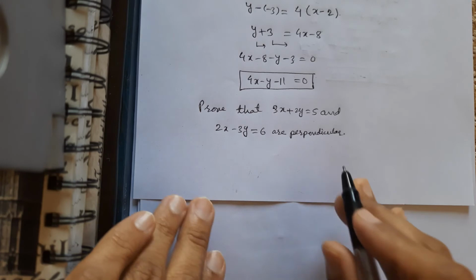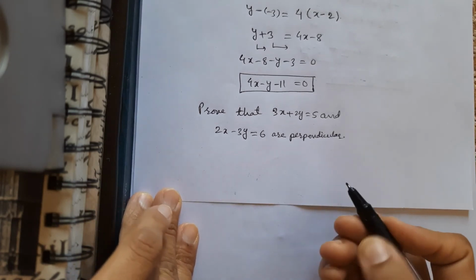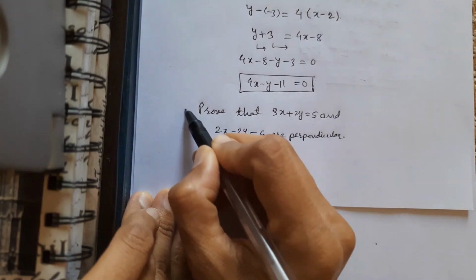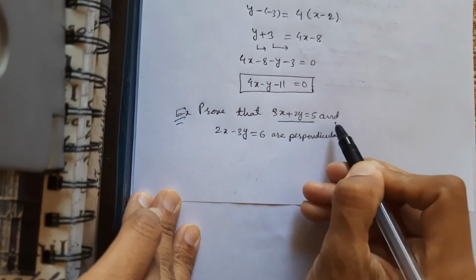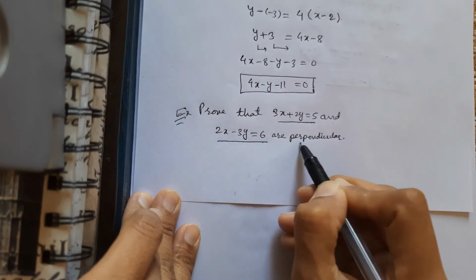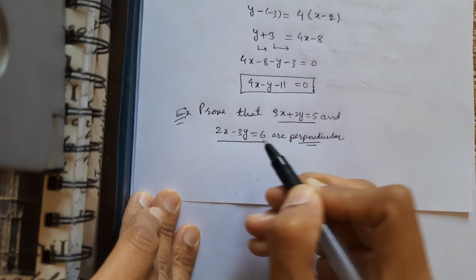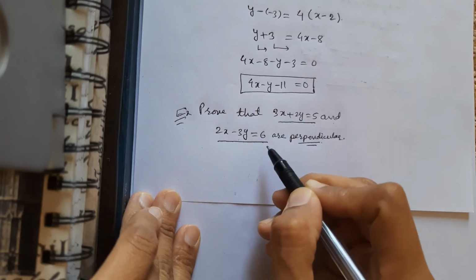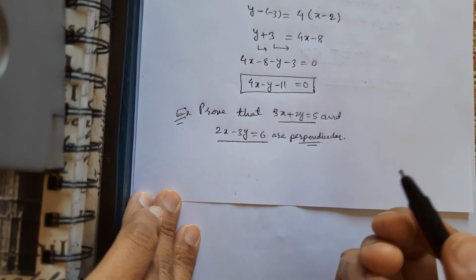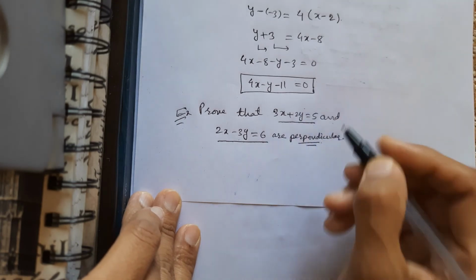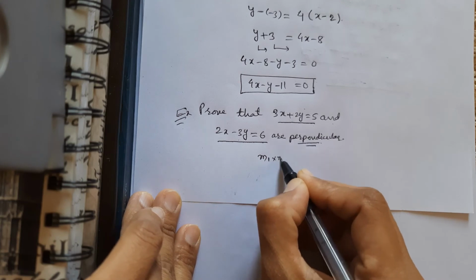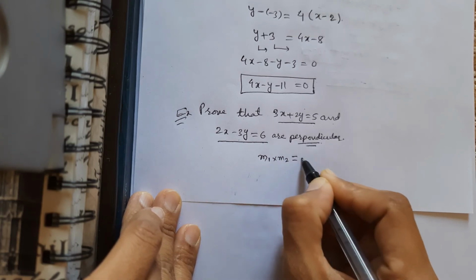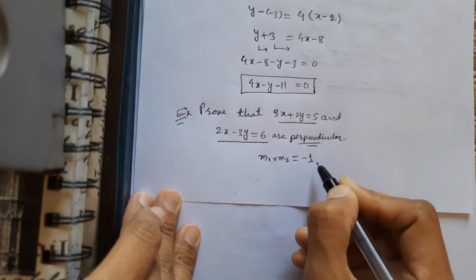Okay, another example I want you to try is: prove that this line and this line are perpendicular. So we need to show that these two lines are perpendicular. How are we going to show it? We know that if two lines are perpendicular, then the product of their slopes is always equal to -1.